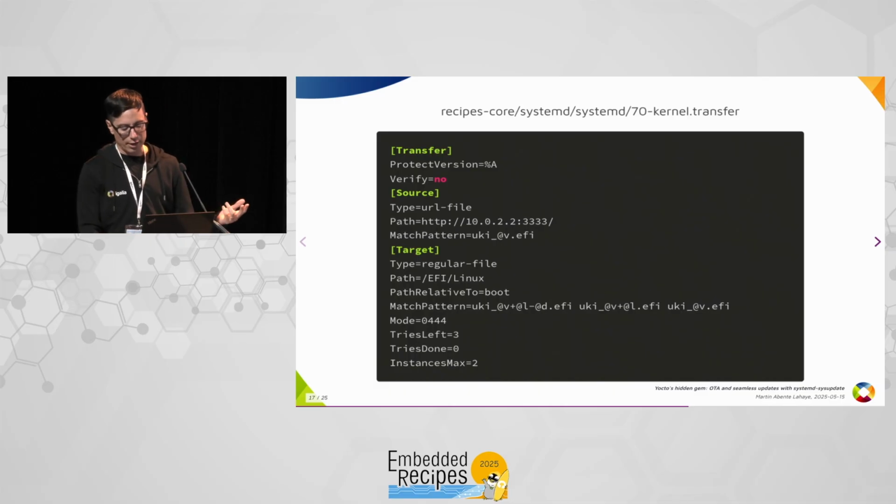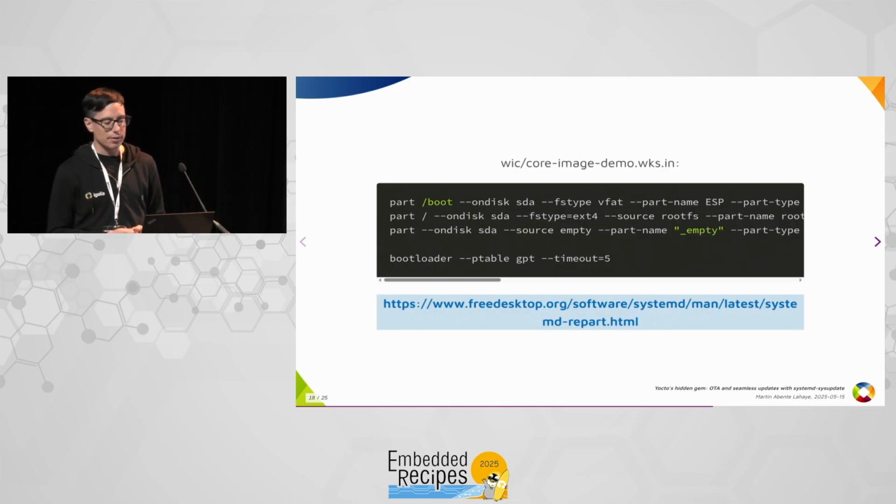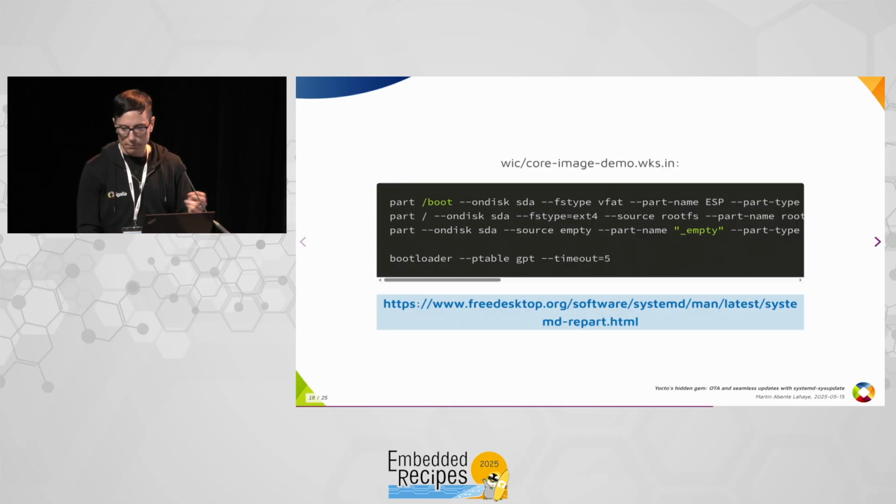And of course, I only have 2 instances of this as well. Plus, I need to add an extra partition, because I'm going to have A/B partitions for the rootfs, which has to be exactly the same as the A partition, except that initially I'm just going to call it underscore empty, and it's going to be really empty.